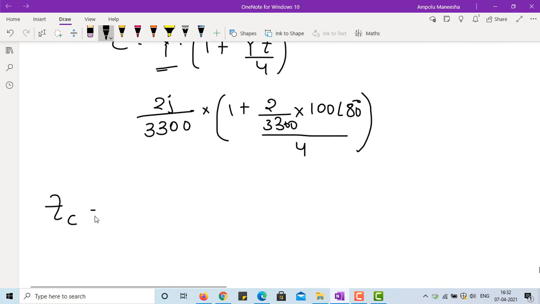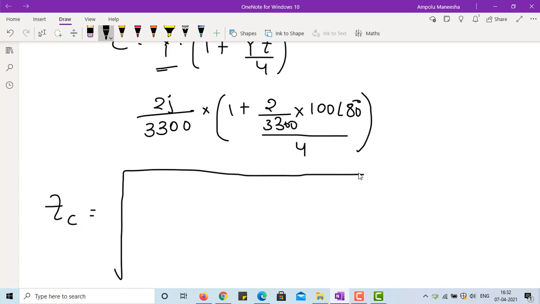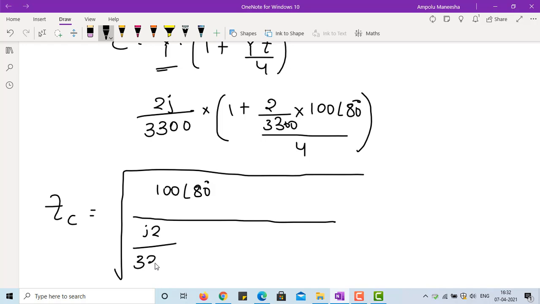ZC is equal to under root 100 at an angle 80 degrees by j2 by 3300 into 1 plus 2 by 3300 j.